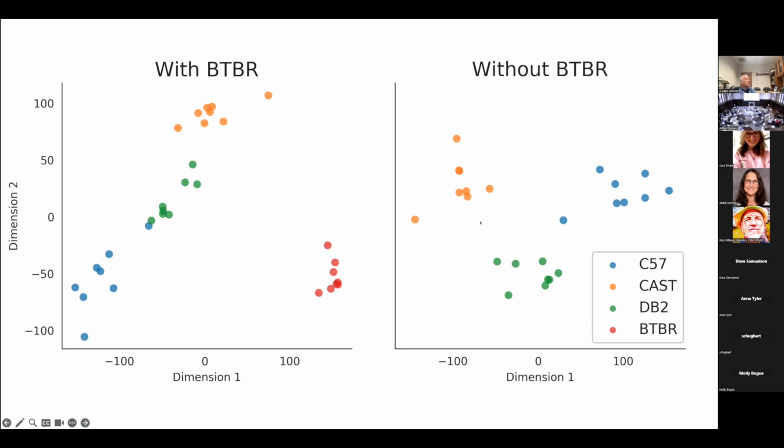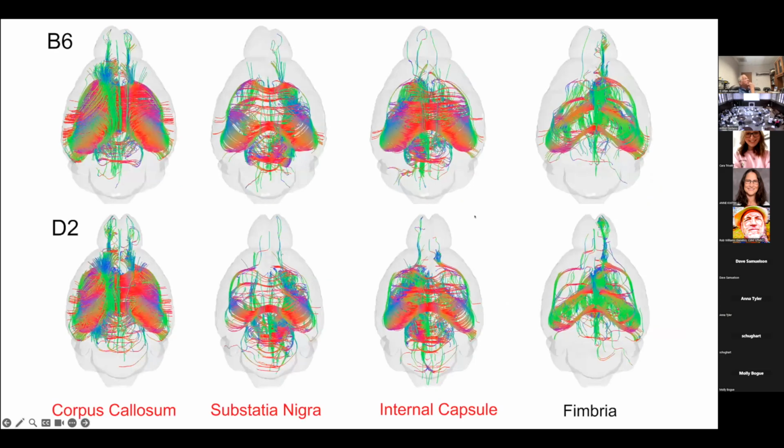So this gave us a glorious opportunity to start saying, well, hey, this connectome can be very useful in what we look at. Can we identify specific regions of interest? Can we look at a given node, for example, the corpus callosum or the substantia nigra or internal capsule?